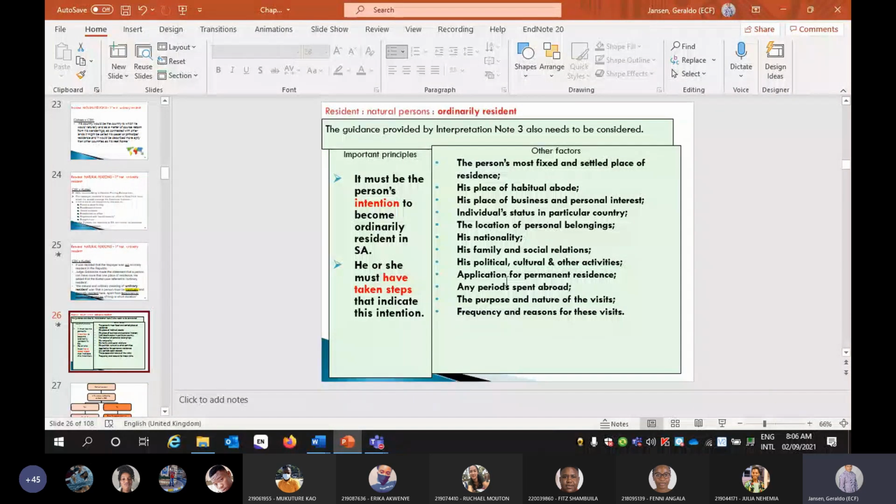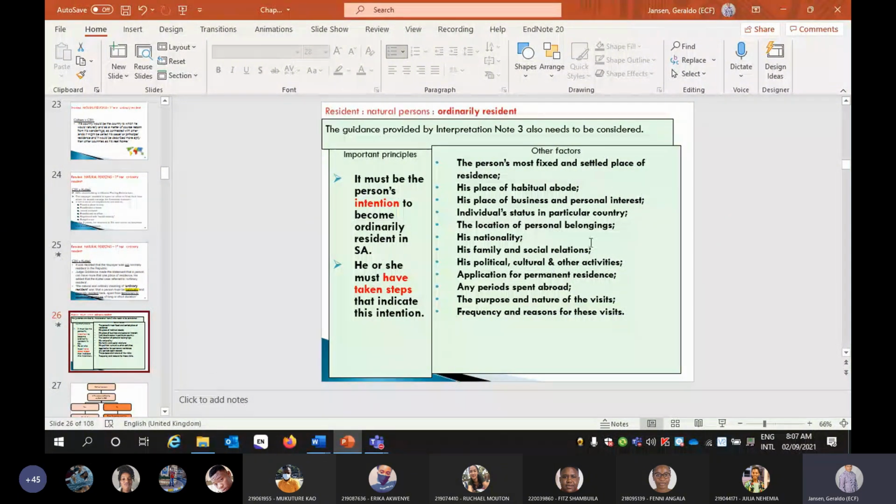Is political, cultural, and other activities. We will look at, maybe you got residency there now, and now you are also allowed to vote. And then we will look at, do you belong to a political party or a cultural party, and any other activities. Then your application for permanent residency actually goes along there with your status in that particular country.